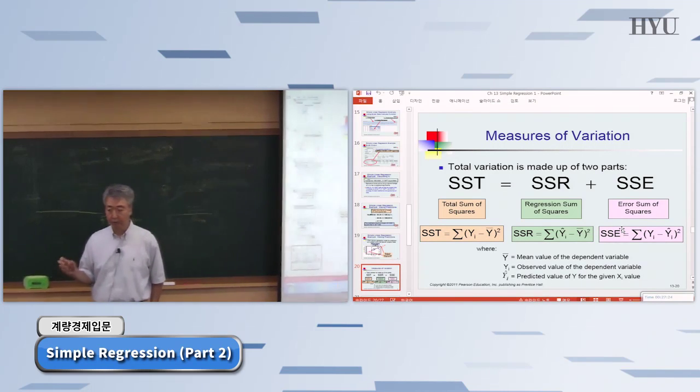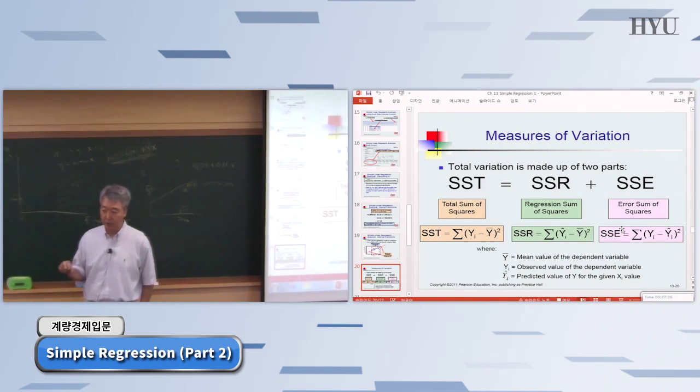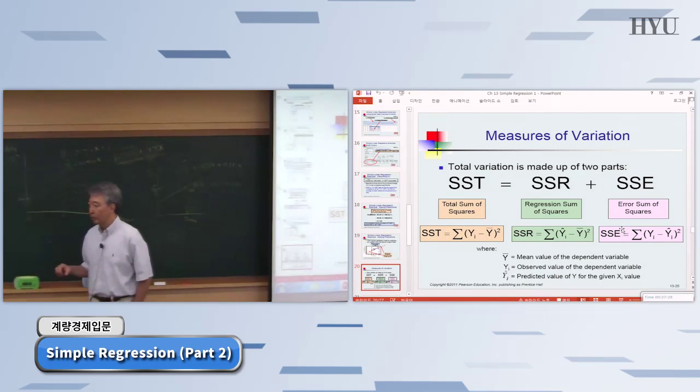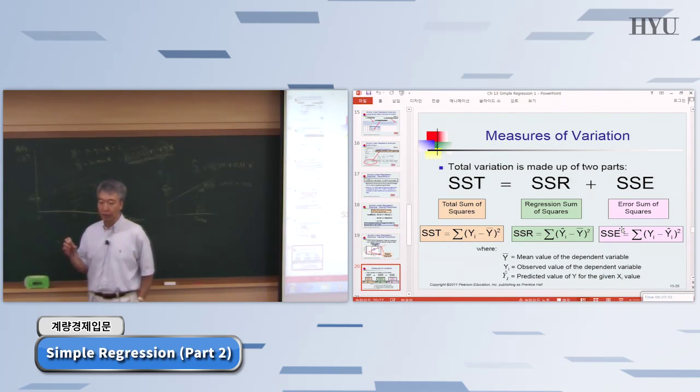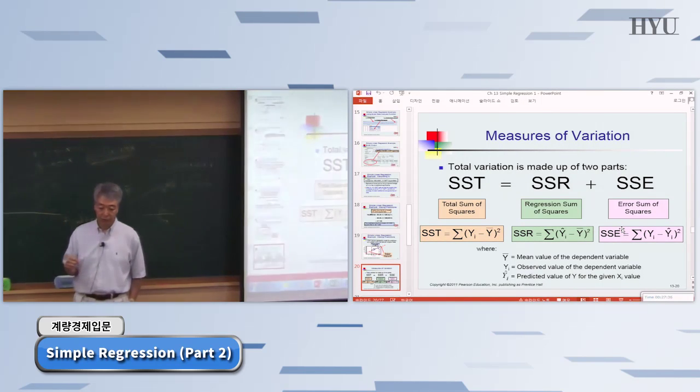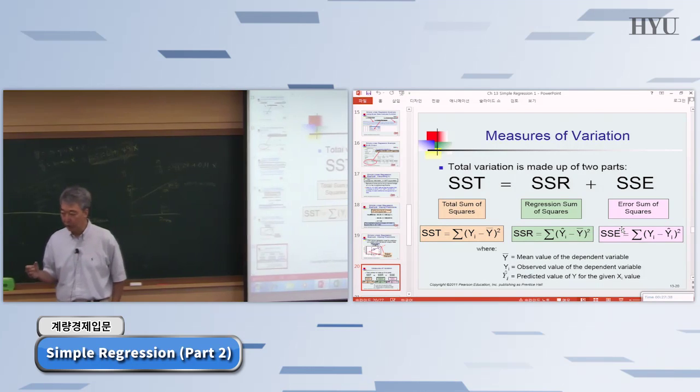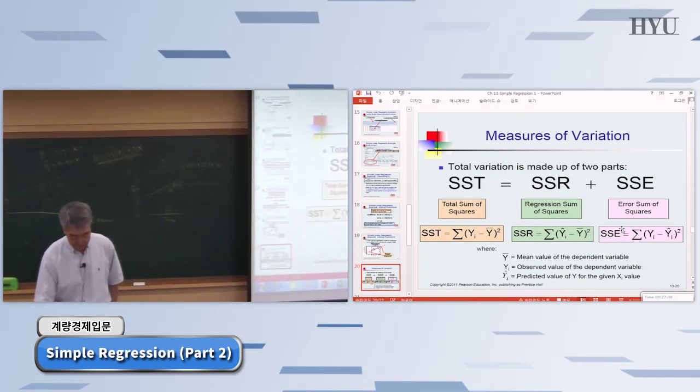So negative deviation will cancel out the positive deviation. So if you just add them up, you're not going to have an accurate measure of total error you are committing, right? So in order to avoid that problem, we square each deviation and add them up, right? So this is simply the sum of square for total, or sum of square of the total deviation.